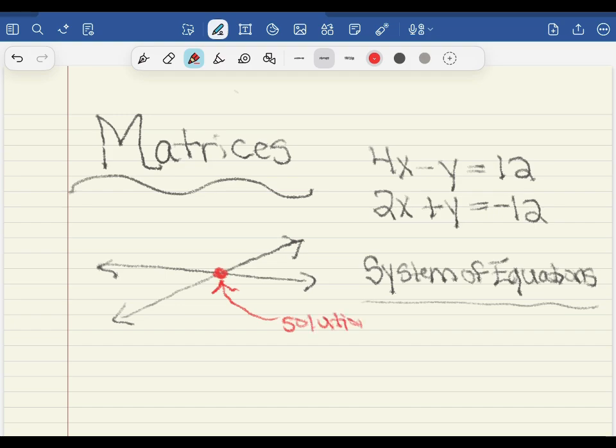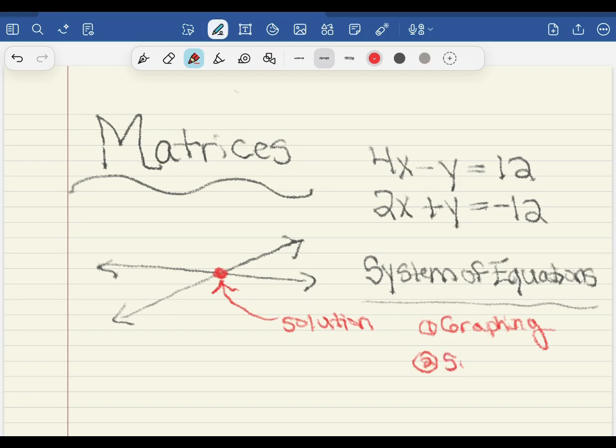Now, back in the day, probably in high school or something like that, you probably had techniques on how you found the solution. One technique you can use is graphing, which is what I did. You just graph two lines and figure out the place where they meet. The second technique could be substitution.